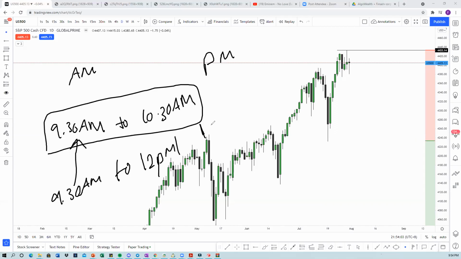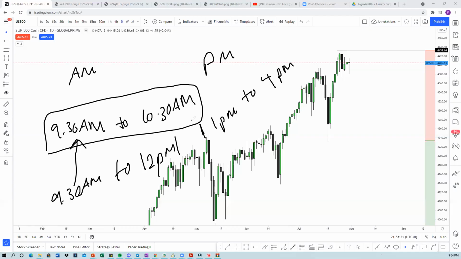Then from 1 p.m. you have trading to 4 p.m. The true day close ends at 4 p.m., but at 3 p.m. you want to get out of your positions, because as we approach 4 p.m. the volatility dies down and the spreads get wider, if I remember right.